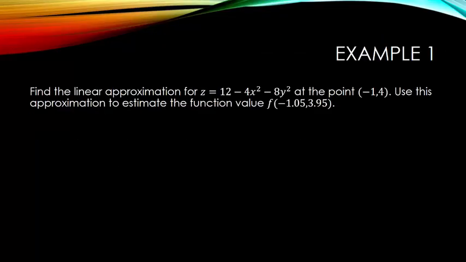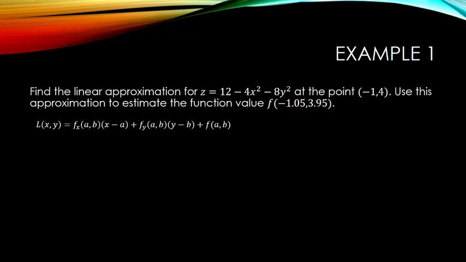I want to find a linear approximation for the surface given by z equals 12 minus 4x squared minus 8y squared at the point (-1, 4). And I want to use this approximation to then estimate the function value of f at the coordinates (-1.05, 3.95).